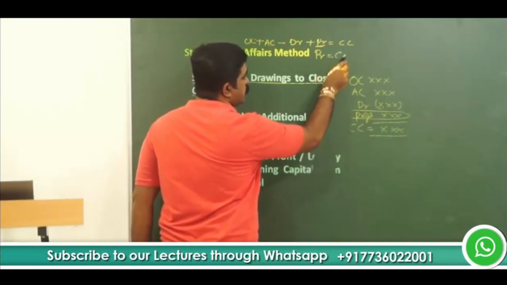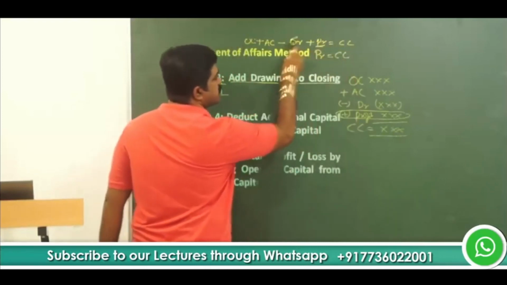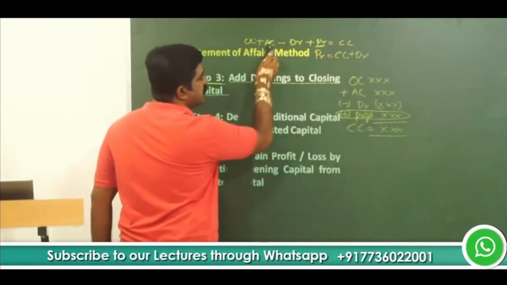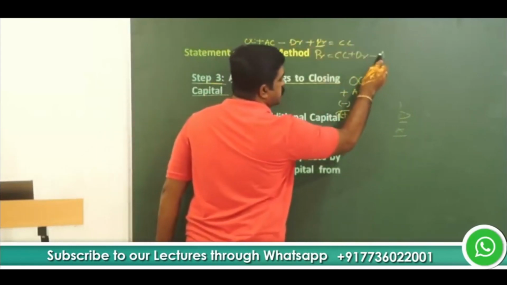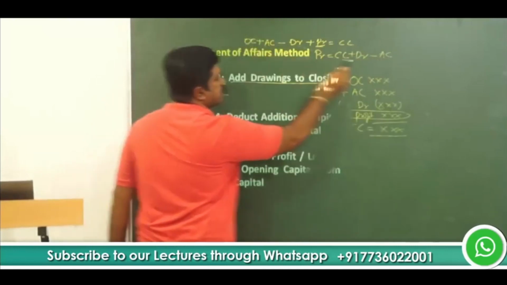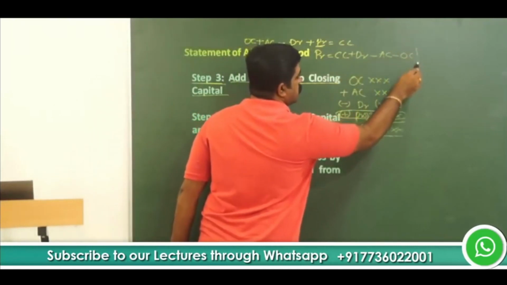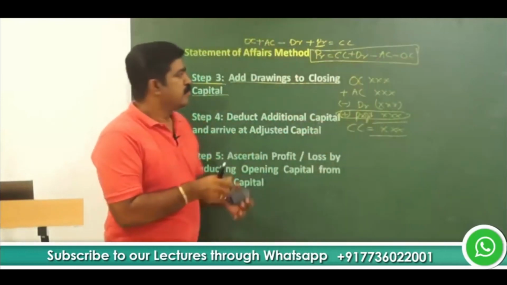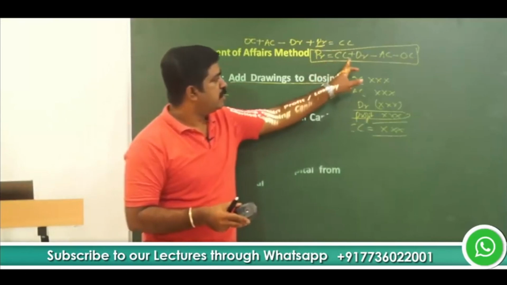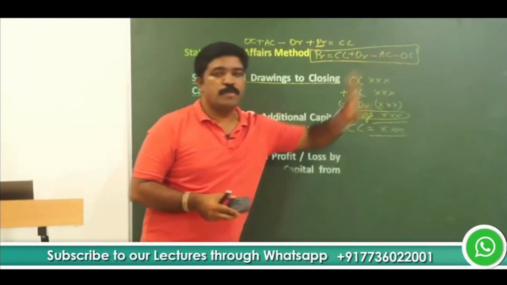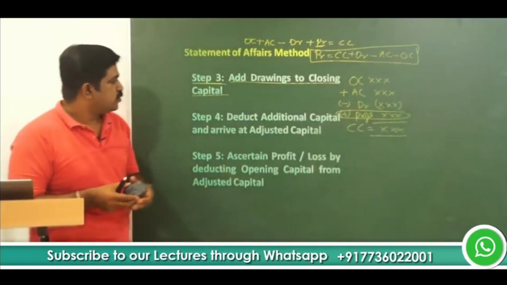Profit is equal to closing capital, shift this to right hand side, so it will be plus drawings, shift this additional capital to right hand side, minus additional capital, shift this also, opening capital, so it will be minus opening capital. So it is this equation we are actually solving. We are saying profit is equal to closing capital plus drawings minus additional capital minus opening capital.